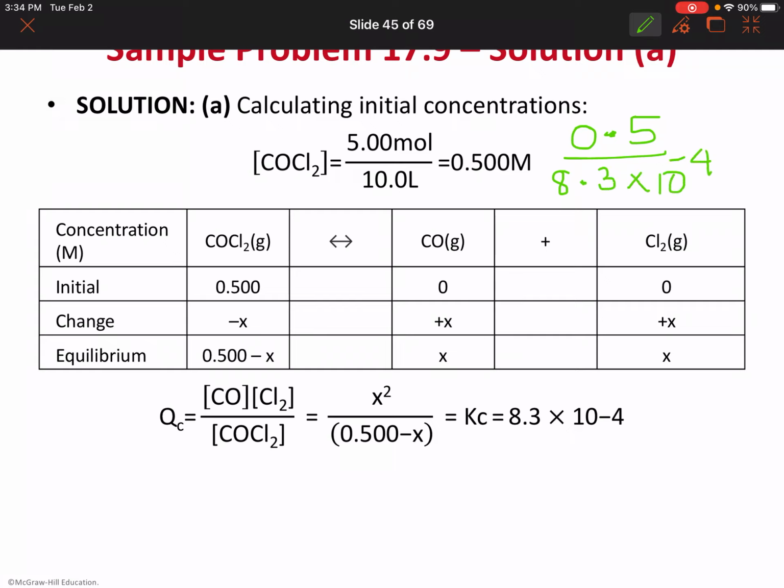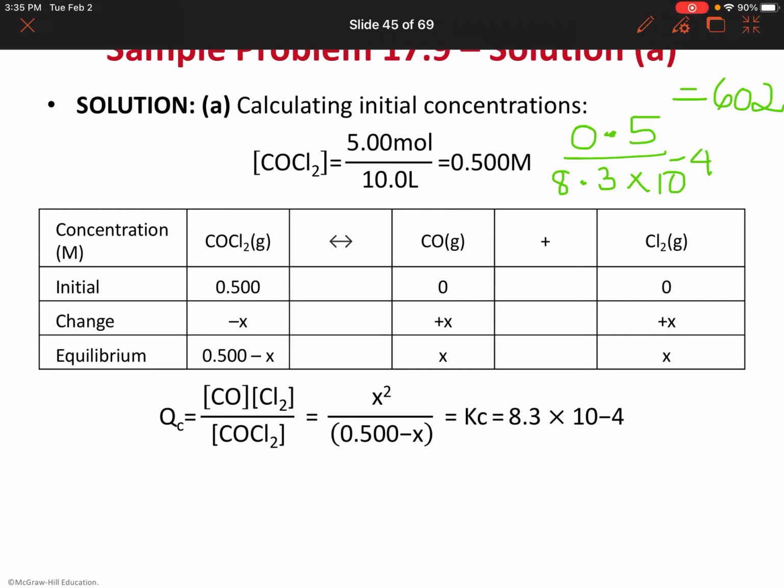Now, can you also do this calculation with me and see what number you would get? 0.5 over 8.3 times 10 to the negative 4 is 602. So the value is 602. It's greater than 400, meaning we don't have to use a quadratic equation to solve for x. We can use the assumption. So let's look at that now.